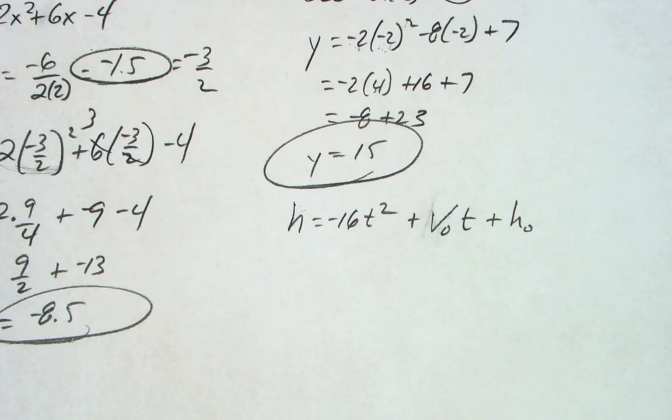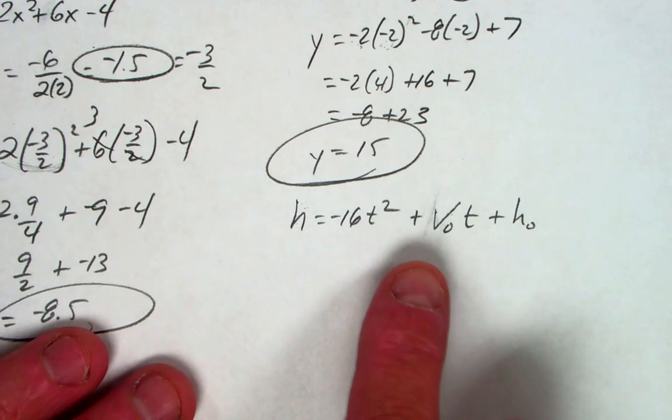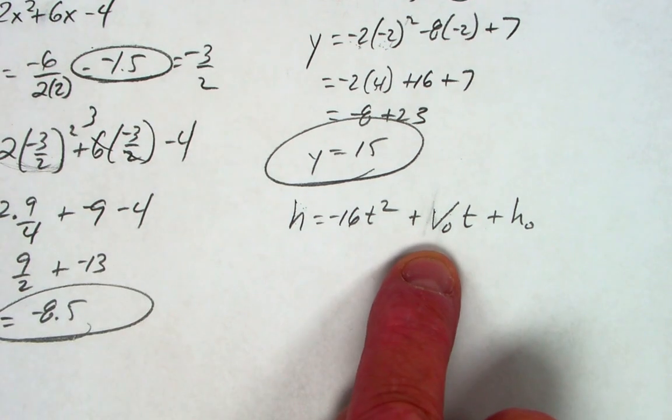What does that sub 0 mean? Well, first of all, if I take something and I throw it, my height is always changing. So that sub 0 means it's the height when it leaves my hand, or the height when the time is 0. And the velocity is how quickly it's moving in the upward or downward direction.